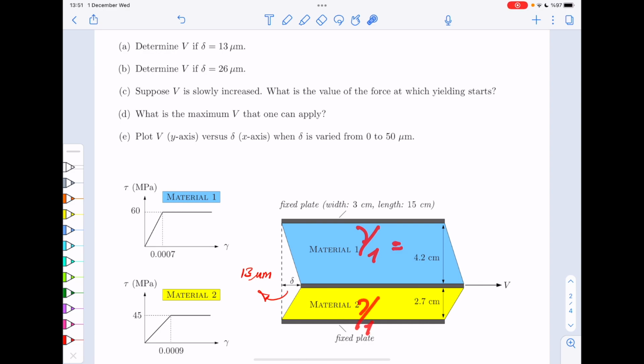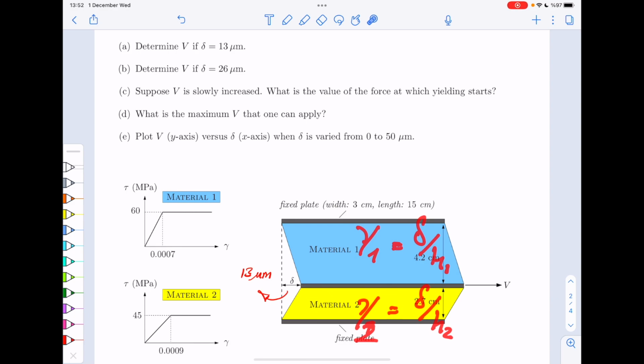And remember, shear strain is basically that delta that you apply divided by height, okay? So height here is height 1, and that's 4.2 millimeters. Height here is height 2, and that's 2.7 centimeters, sorry. Okay, so we calculate gamma 1 and gamma 2.